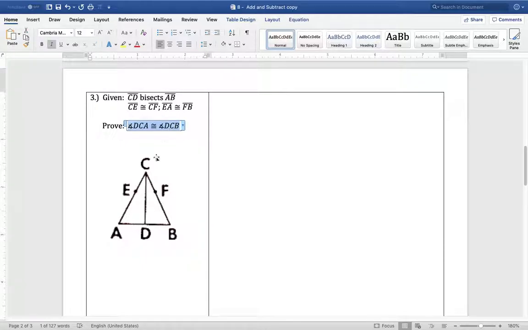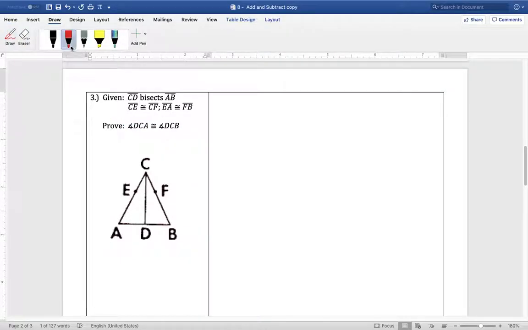So you literally would get the triangles congruent by whatever reason, and I could quickly label this and figure out what it is. So CD bisects AB, so you got this piece here. CE is congruent to CF, and EA is congruent to this piece. So we'd want to do addition, add this piece to that piece, and it'll equal this piece plus this piece.